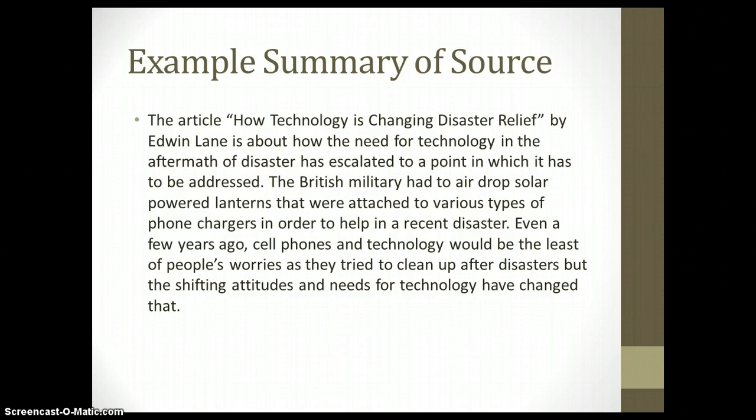So you can see I have put the summary into my own words, and I've essentially told myself and anybody else who's interested what my source is about.